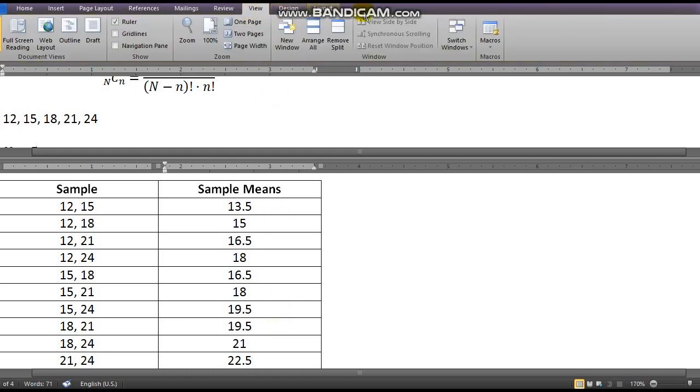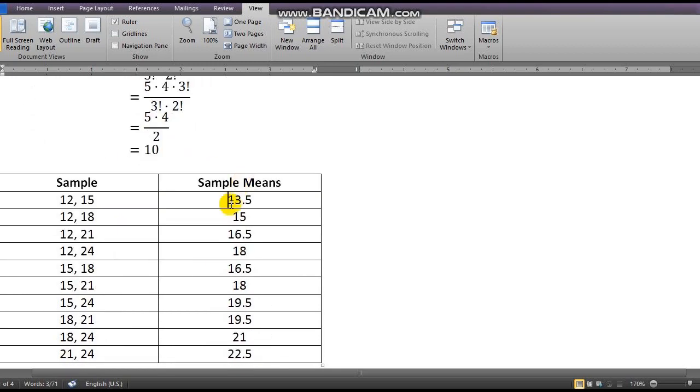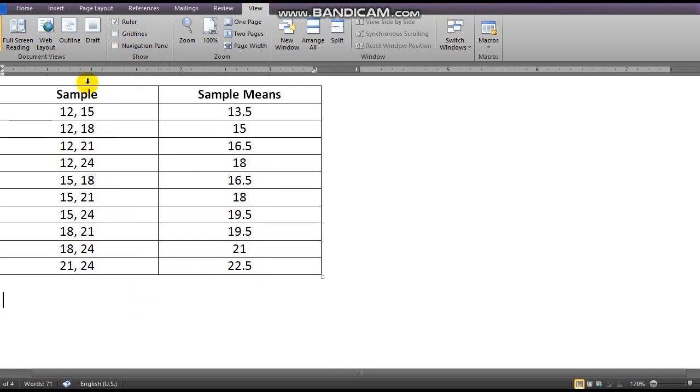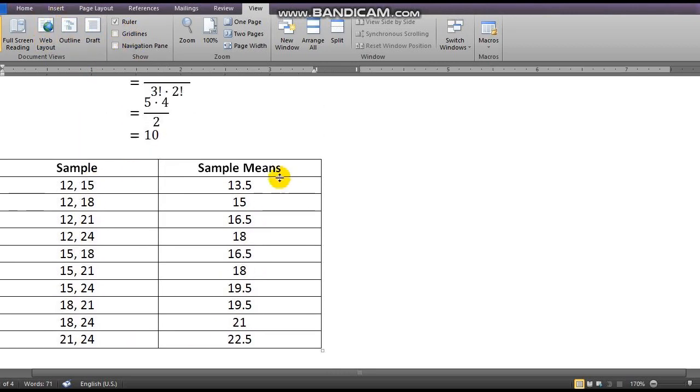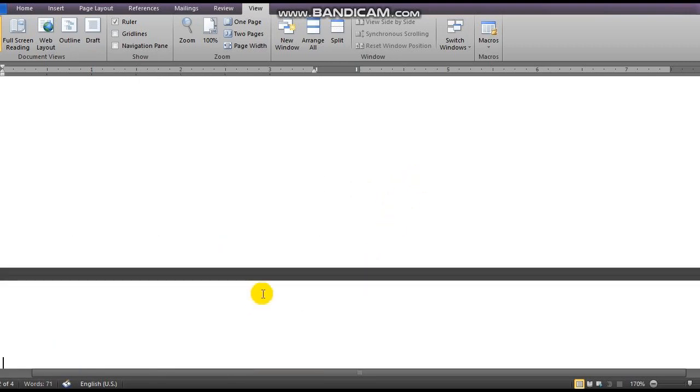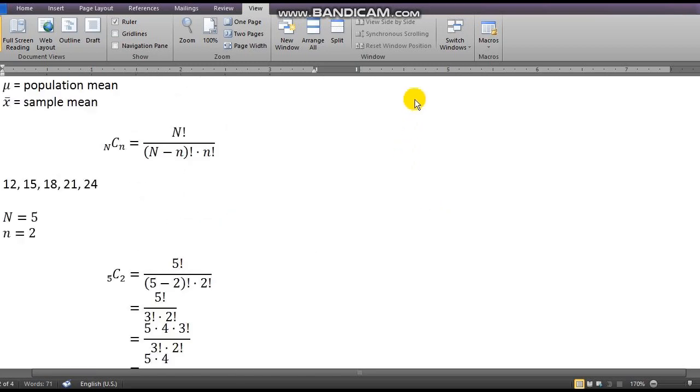Next, we're going to construct now the sampling distribution of the sample mean. So let me just remove this split screen here. So there's the sample means, and take note that there are sample means which are repeated, like the 16.5, like the 19.5, and 18 right here. So we're going to construct another table. Let's have it on the other side instead.